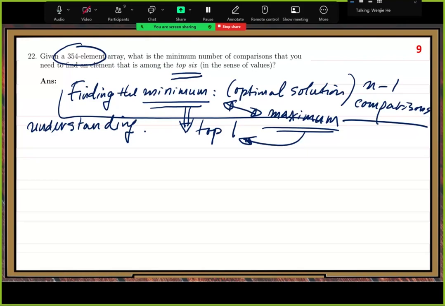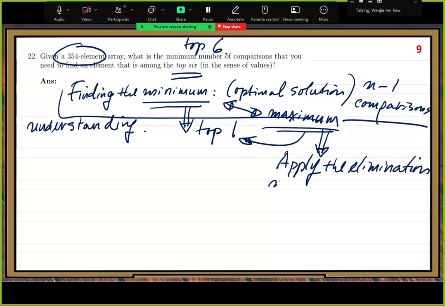But here, we change the top 1 to top 6. And for the top 1 maximum, how do we solve it? Apply the elimination method. How to eliminate?